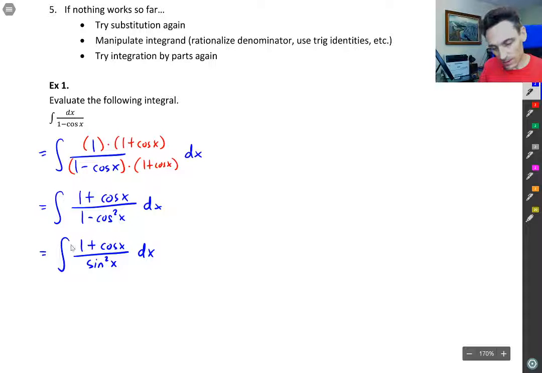Okay, so now we can break this up into 1 over sine squared, and then plus cosine x over sine squared x. One of the reasons for doing that is so that we can split the integral into two smaller integrals. Now, if we think about the cosine x over sine squared x, let's take that to the side.